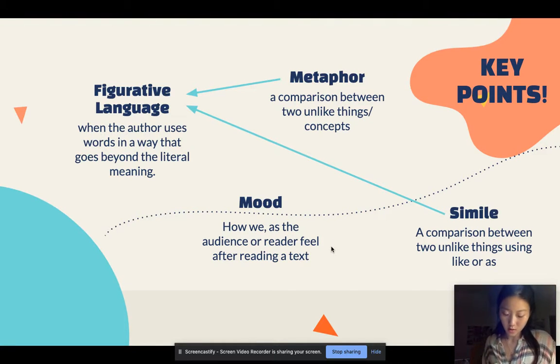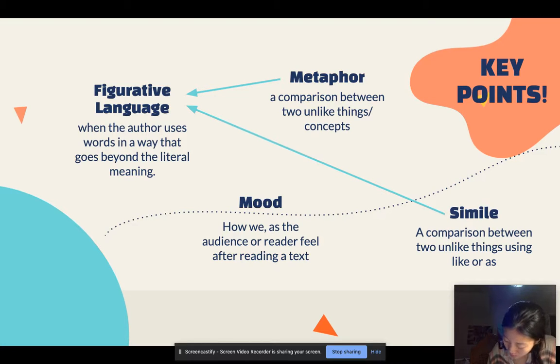And then our next key point is mood. What is mood? You guys should know this one. But mood is how we, as the audience or reader, feel after reading a text. So mood is how you feel after reading something. So I'm going to write that.